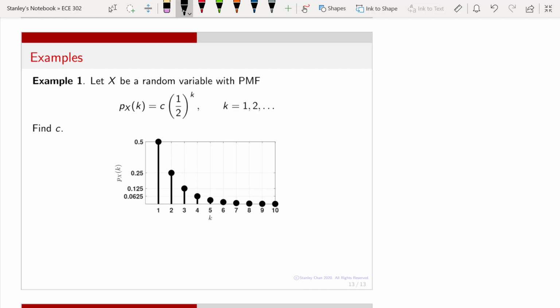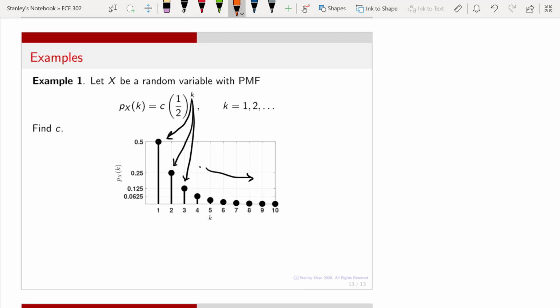So we can draw the diagram assuming C is 1. Then you have 1/2 when k is 1, 1/4 when k is 2, 1/8 when k is 3, and so on. This is the trend of your PMF.